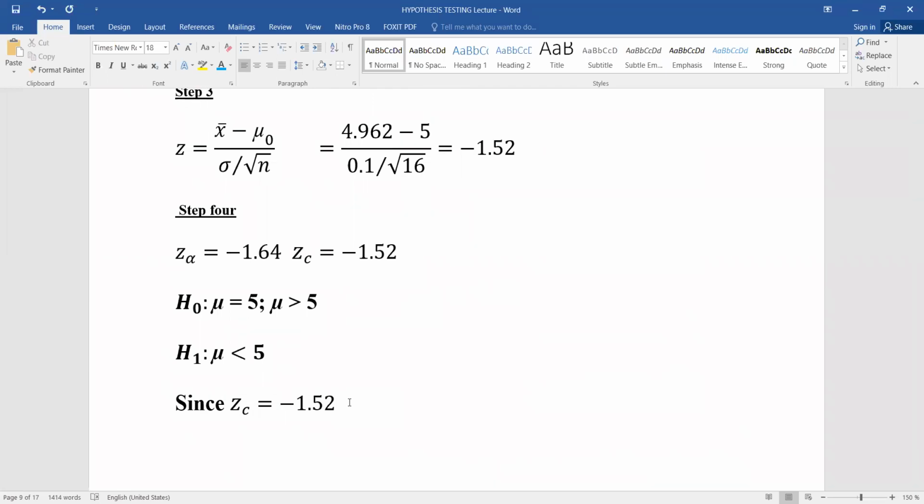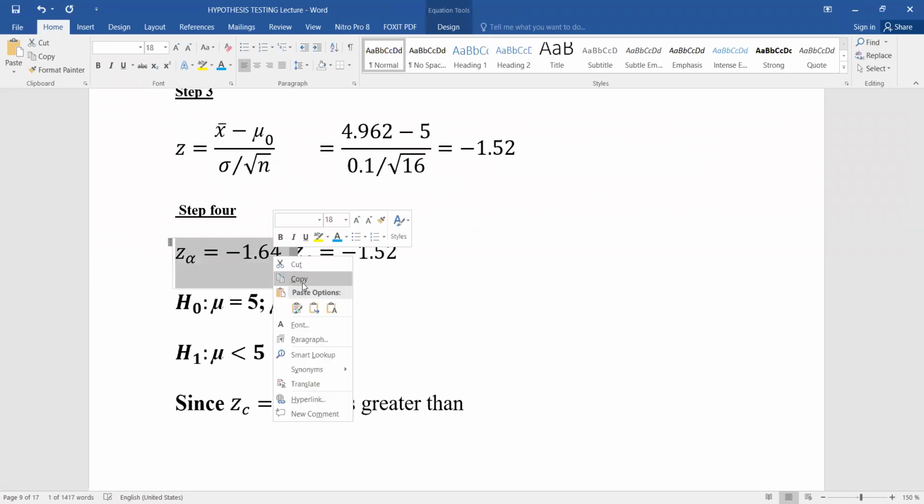It is greater. If you don't know, go back to your Cartesian plane. It is greater than Z from the tables.